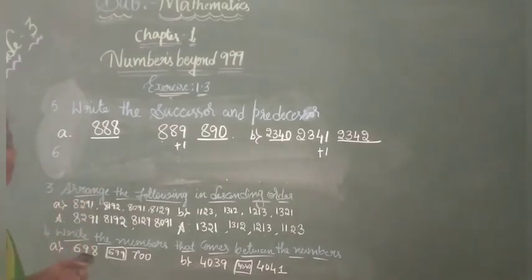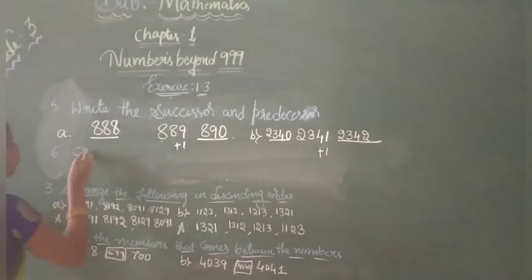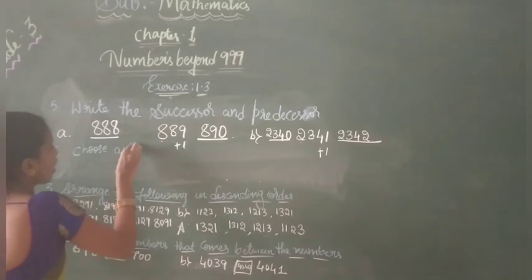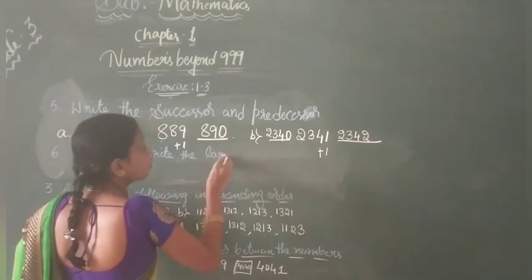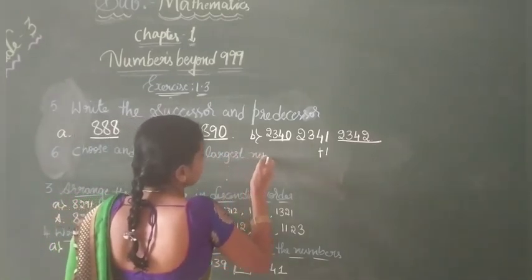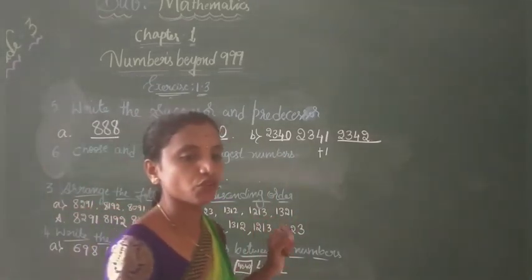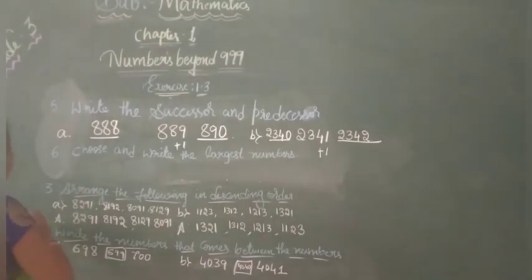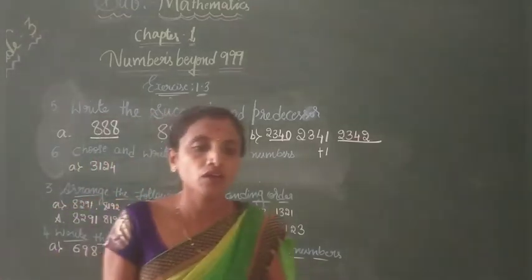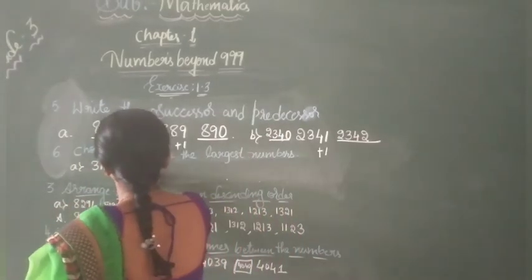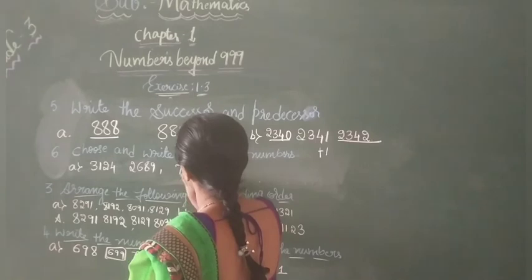Okay, next the sixth one. Look, choose and write the largest number. I will show an example. 3124. Next, 2689. Next, 708.